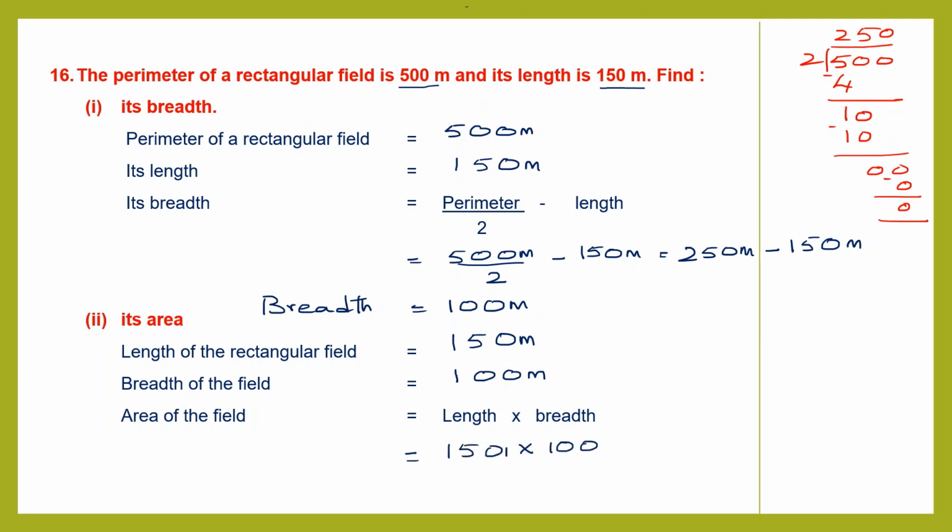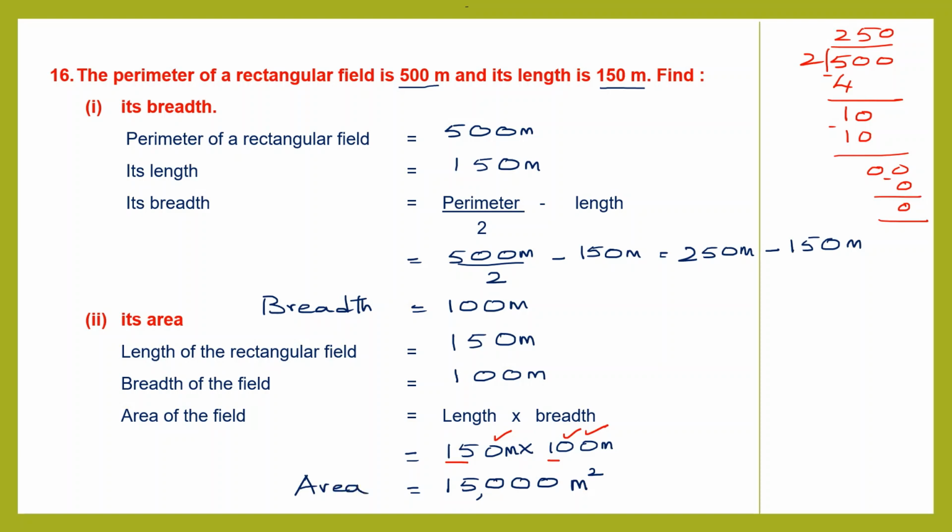So both are meters, 150 meters into 100 meters. Now let's multiply 15 into 1. So 15 ones are 15. Let's count the number of zeros. 1, 2, 3. Now let's add all those zeros. So we've got 15,000 meters square. So the area is 15,000 meters square.